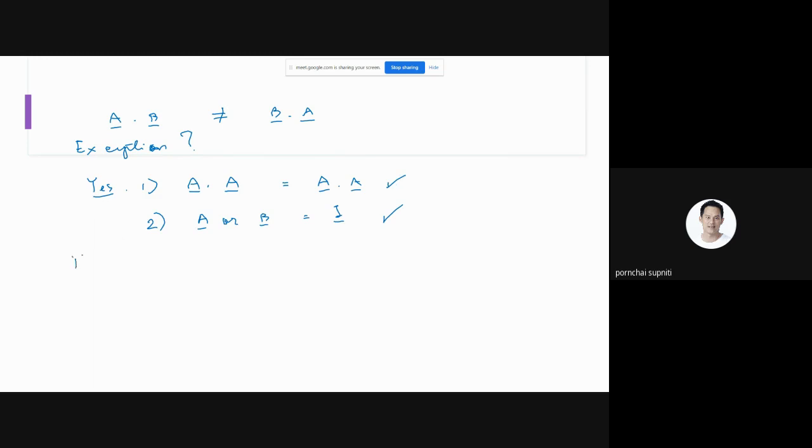Okay. The next property that I want to give a quick review is called the distributive law. So if you have matrix A multiplied with matrix B plus C, we can multiply and then add.